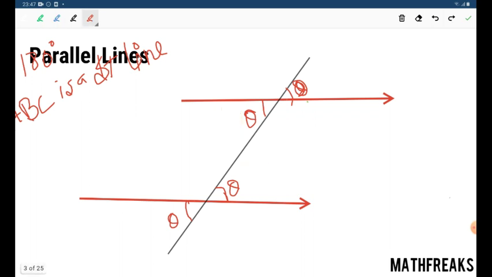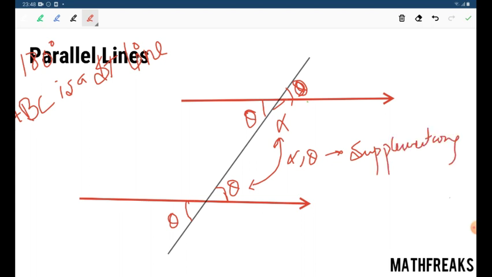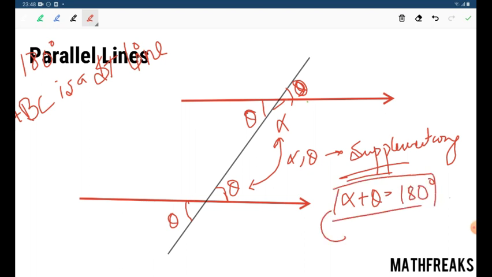Now, this alpha and theta are called supplementary angles, and in all the cases alpha and theta are supplementary, because when two angles sum up to 180 degrees, they are called supplementary.